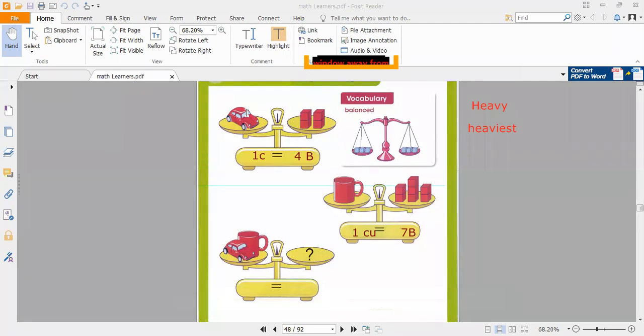What this means, boys, is that one cup is heavier than a toy car. Understood? What the scaling means is that one cup is heavier than one car, because one car equals 4 blocks and one cup equals 7 blocks. Okay, have you written, boys?